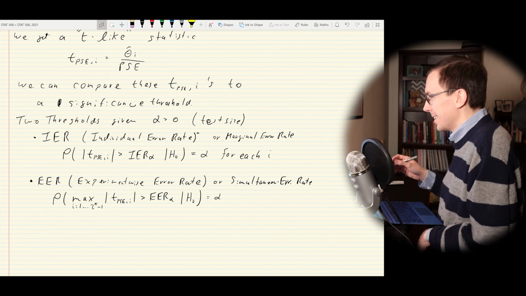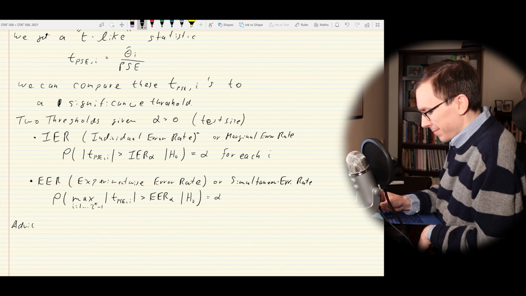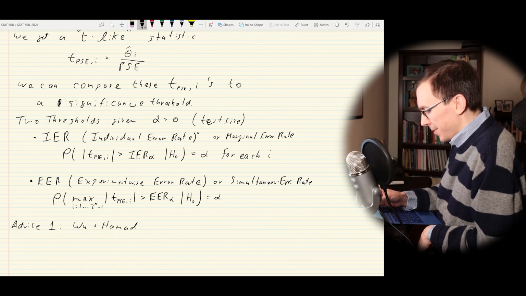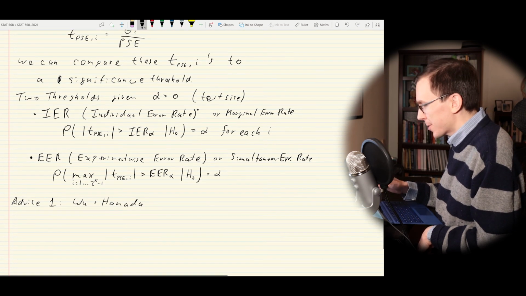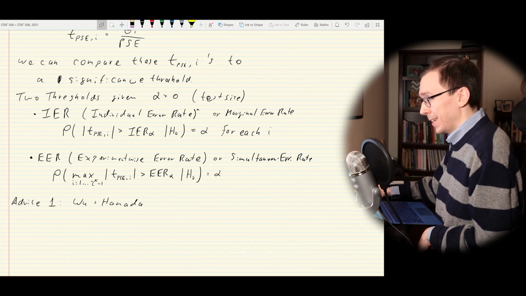So we'll end this lecture with some advice. Advice 1, which comes from the textbook by Wu and Hamada, the one that I used when I was first trying to figure out what to teach in this course. And the claim is that it is preferable to use the uncorrected threshold, as 1, the corrected threshold is too conservative, and 2, it is better to include an uninteresting effect, false positive, than miss a significant one, false negative.